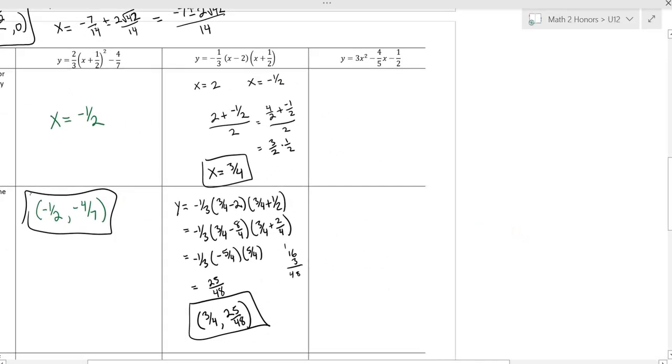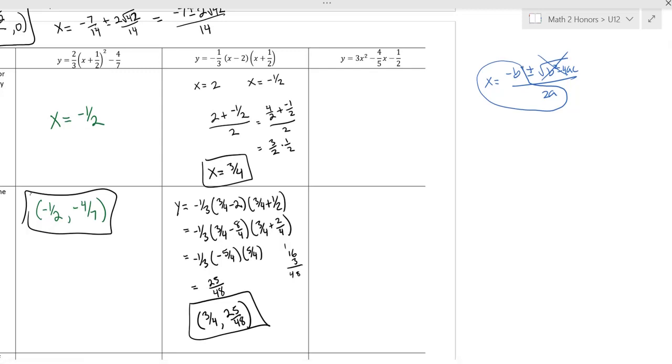Alright, the last one, it's in standard form, and the quadratic formula again is x equals negative b plus or minus the square root of b squared minus 4ac all over 2a. And if you take off that square root part, this right here, the negative b over 2a, is the center, or is what's right in between your x-intercepts, which is the same thing as your axis of symmetry.